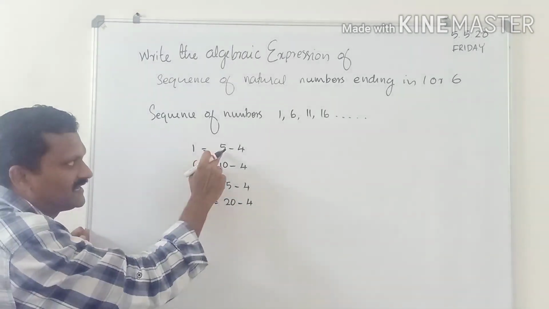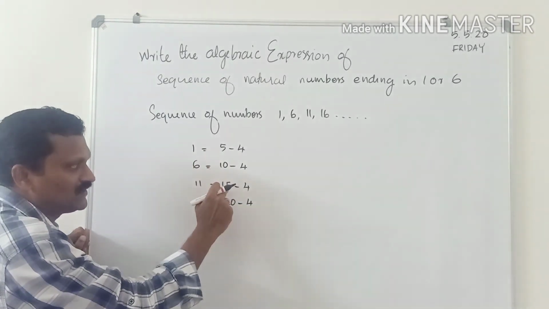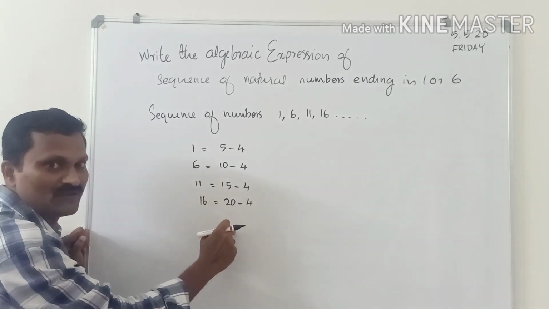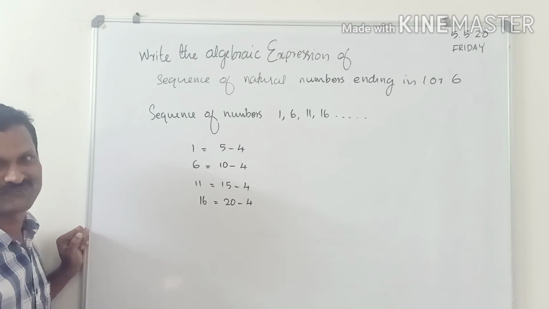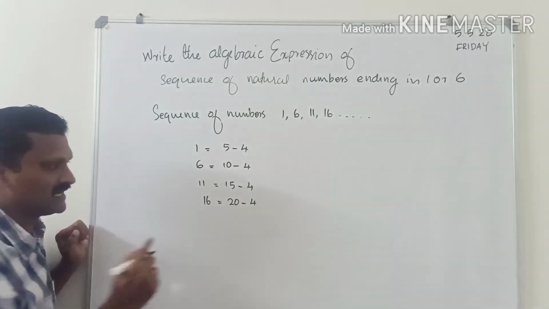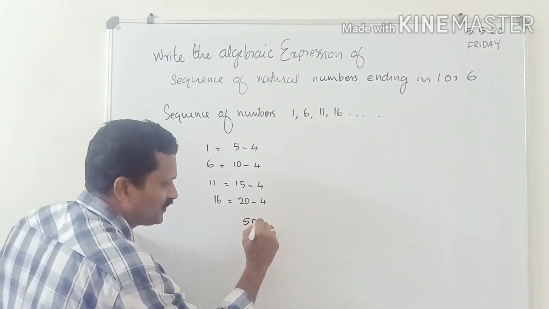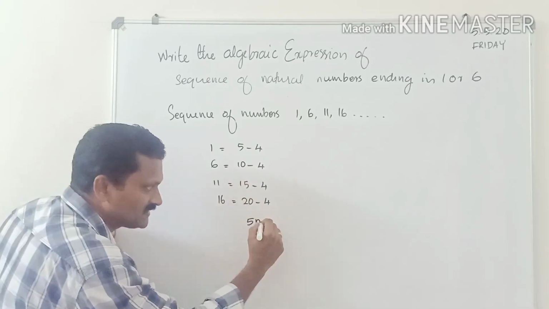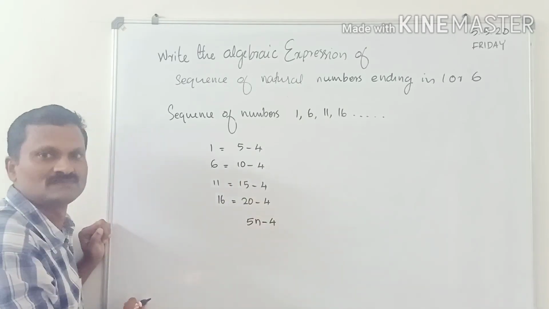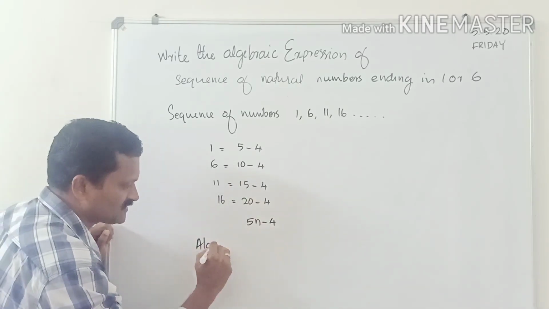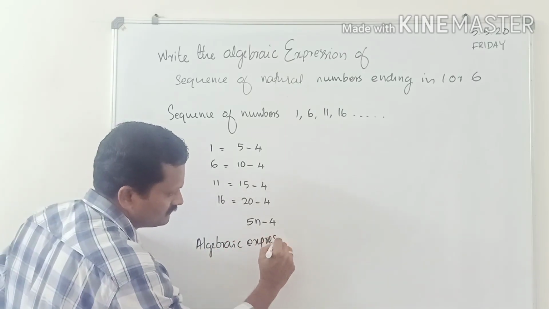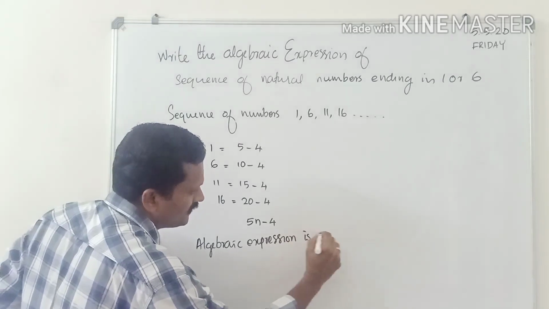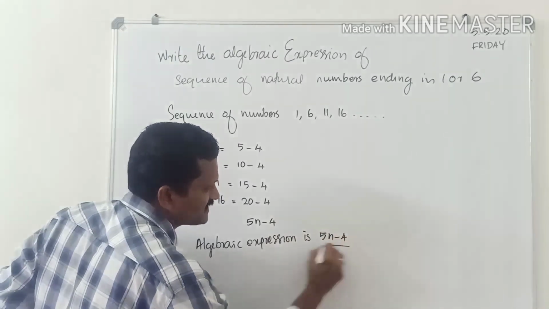Now we got the idea. 5, 10, 15, 20, 25, etc. are multiples of 5. Any multiple of 5 is of the form 5n with minus 4. So, the algebraic expression is 5n minus 4.